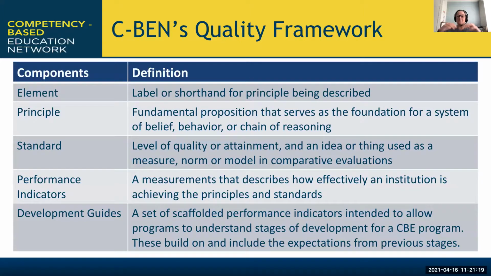And then when you turn the page, usually there are performance indicators that say, tell me what that standard looks like when it's at an initial, emerging, developed, and highly developed performance by an institution. So if you want to do CBE or embed competencies into a course, you can literally pick up this guide, flip over to the performance indicators, and it begins to give you a roadmap on how to build out a program so that it can be of quality.